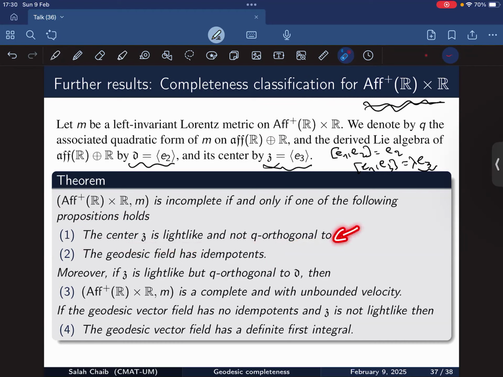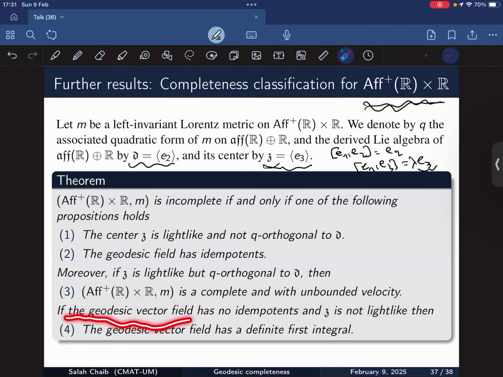We showed that these metrics are incomplete. Moreover, if the center is light-like but orthogonal to the derived, then the left-invariant metric in question is complete, but with unbounded velocity. And we have, in fact, only one representative of this one.